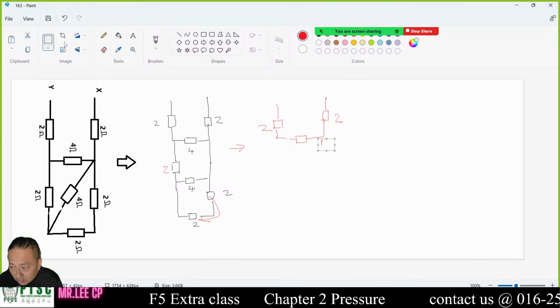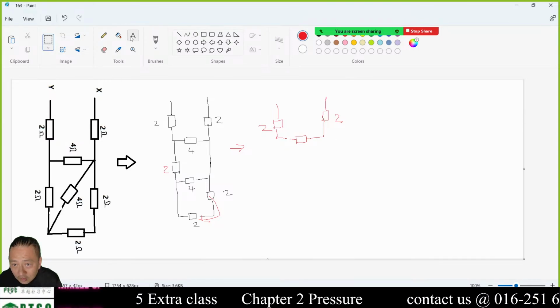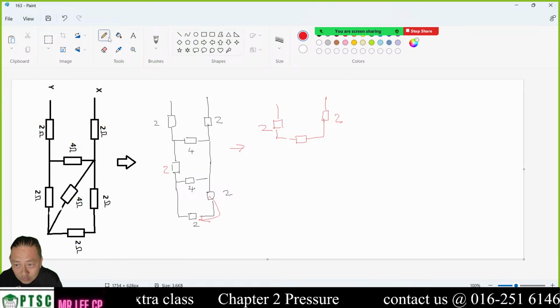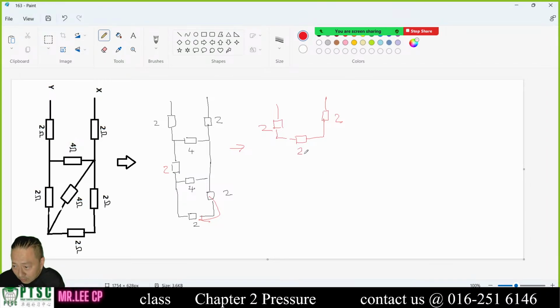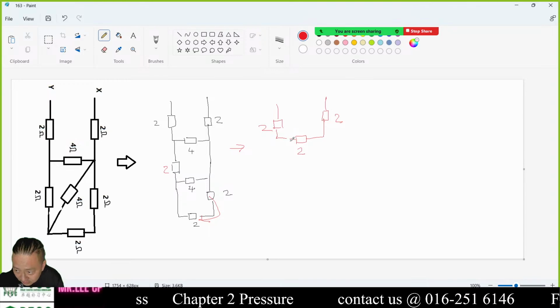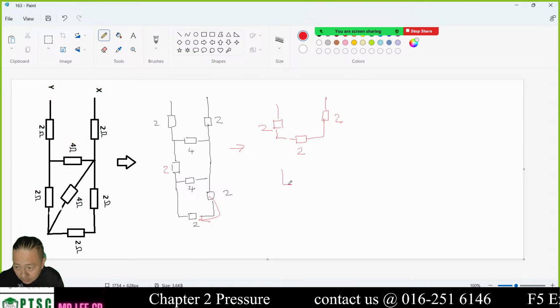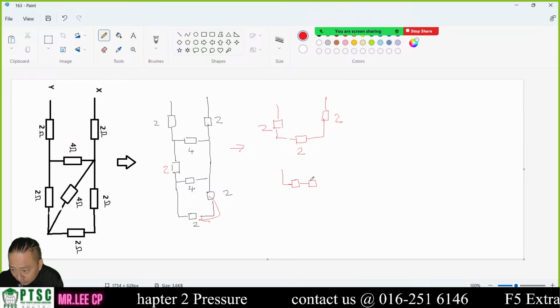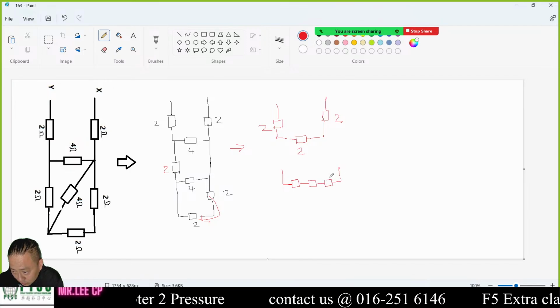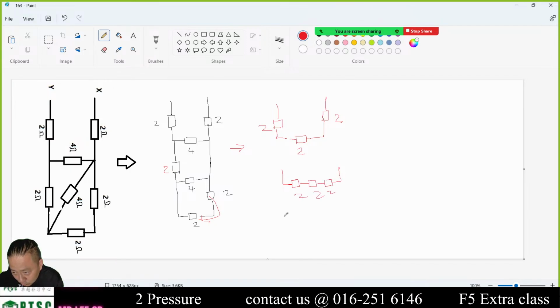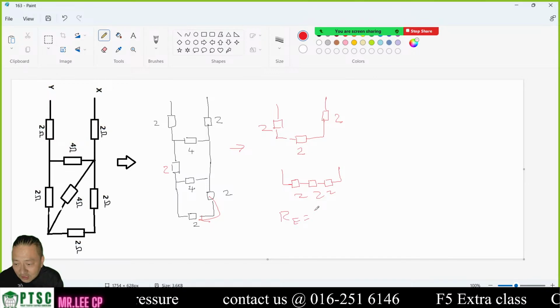So this one becomes 2. So these 3 are in series right now. So effective resistance is 2, 2, and 2. So effective resistance is 6.